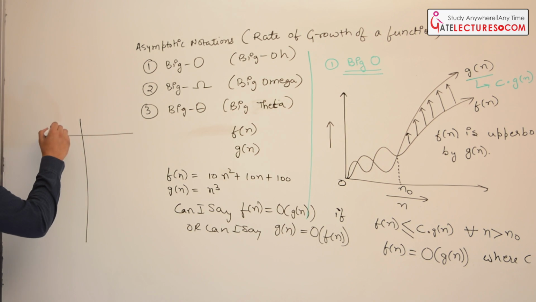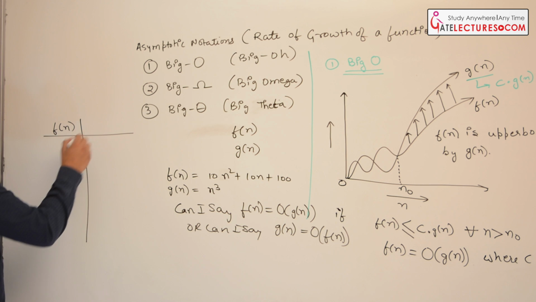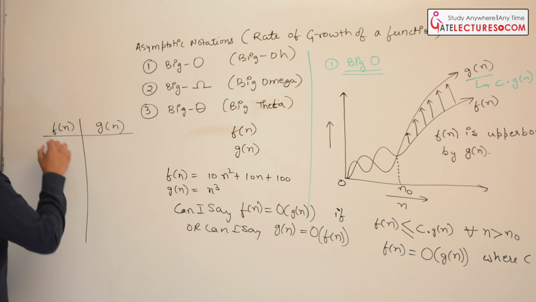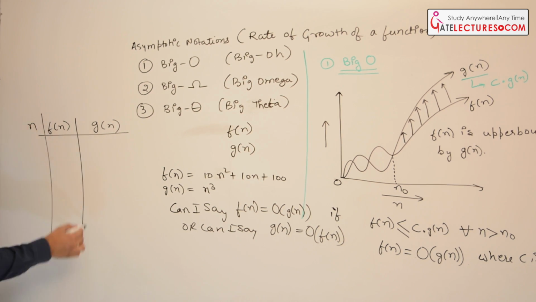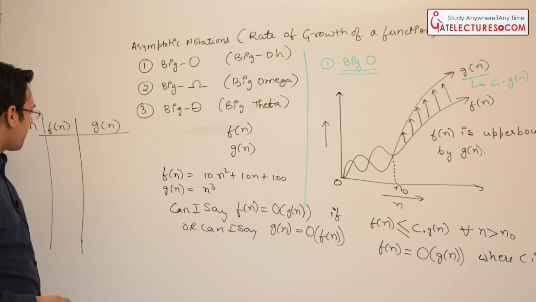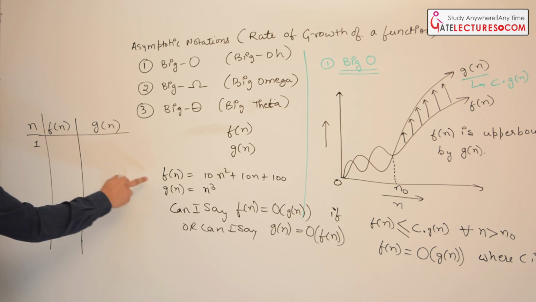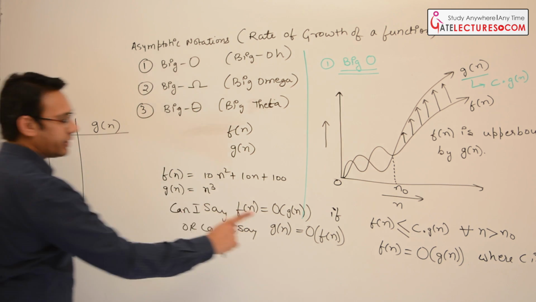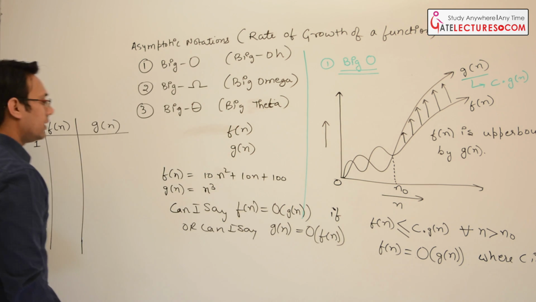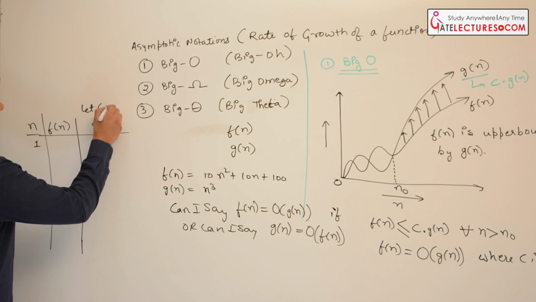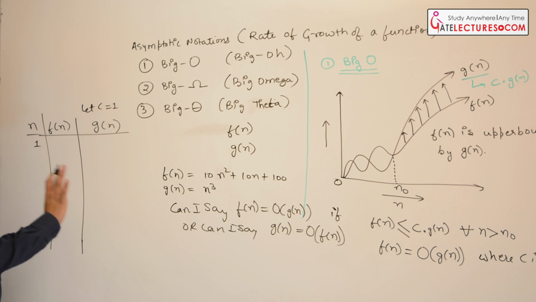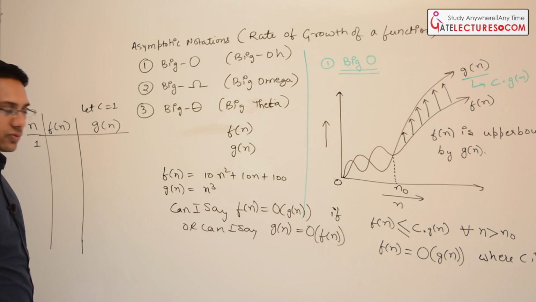This is f(n) and this is g(n), and let us suppose these are the values of n. Now see, I have added one more thing here. It is c. Let the constant c be equal to 1. That means we are ignoring the constant.